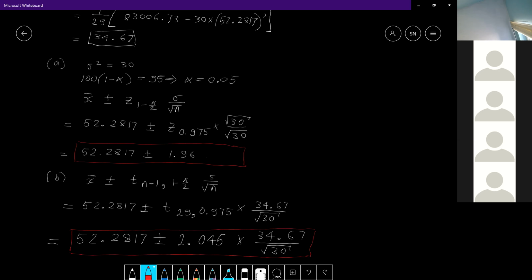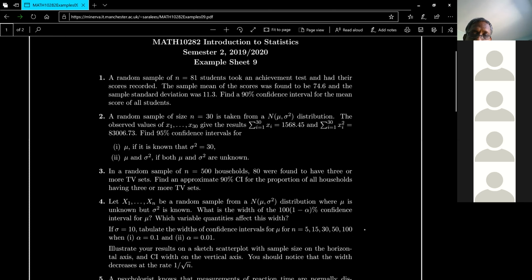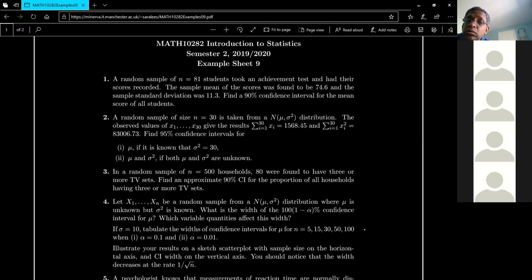Question number 3 on sheet 9. So let me share that, just a minute. So let me stop this now. So if you go to question 3. Okay, here we are. All right, so this is question number 3 from sheet number 9. Okay, can you take a few minutes since you can do it?